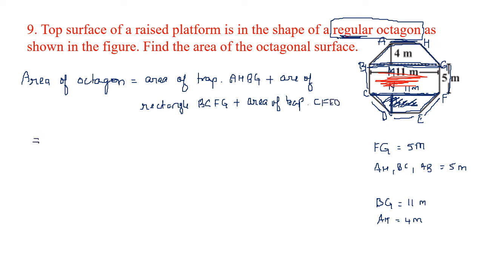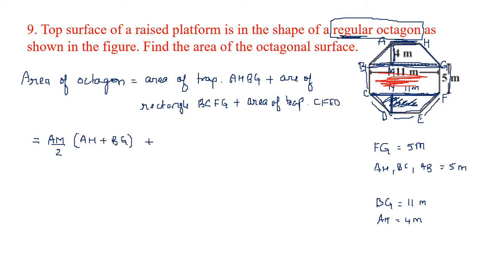Now, the formula. What is the formula for area of the trapezium? It is the altitude, that is AM, upon 2 and sum of the parallel sides, that is AH plus BG.